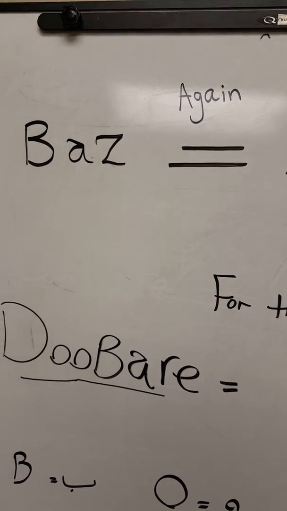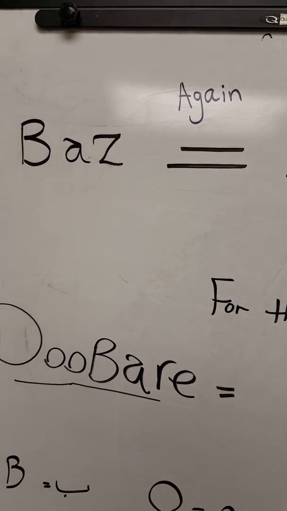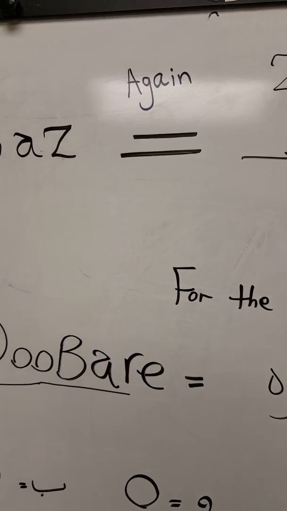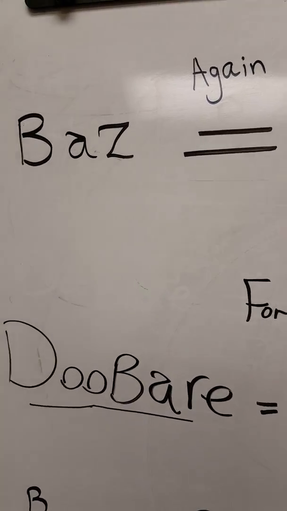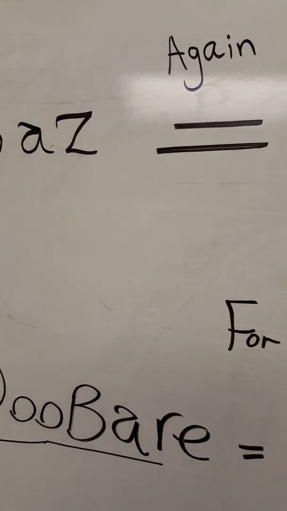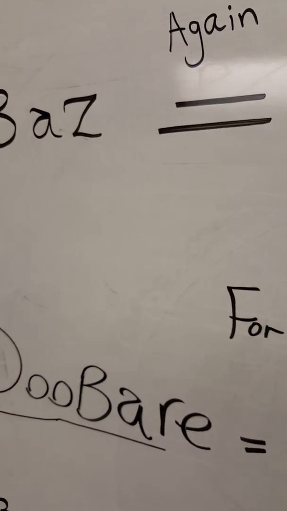So it's not for the second time in this sequence, it's for the second time in a sequence that keeps repeating itself. Baz dobare, or maybe there are other translations, but to me it just sounds like this.